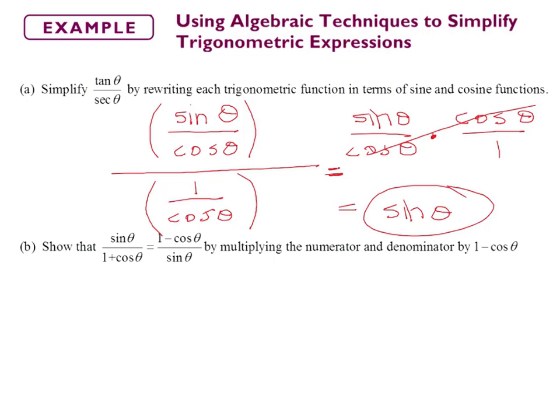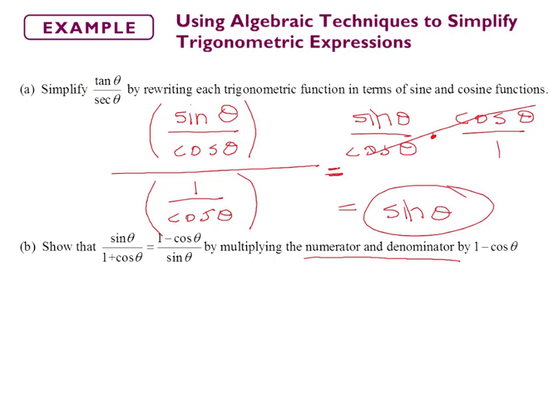Okay, now it says the sine of theta over 1 plus cosine theta equals 1 minus cosine theta over sine theta. And it says multiply the numerator and denominator. So we're going to always work from left to right. Always work from left to right.